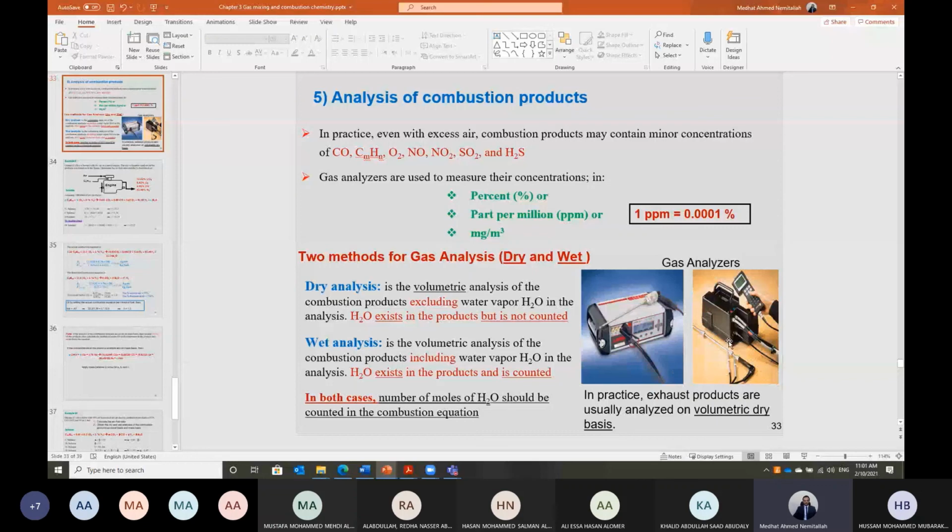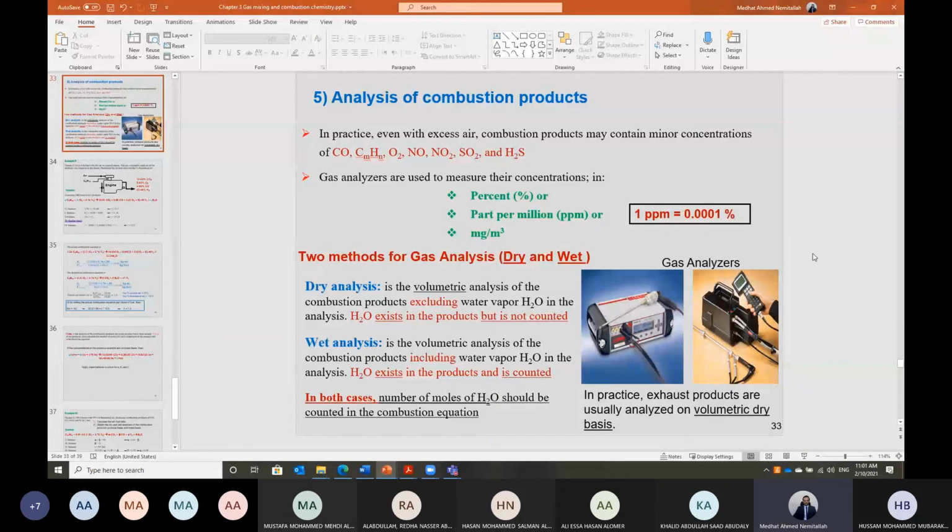Most gas analyzers consider the cold sample. They take a sample of the exhaust gases and cool it down to a low temperature so that the water vapor is condensed. We don't have water vapor. Then they can give you the analysis of the combustion products.